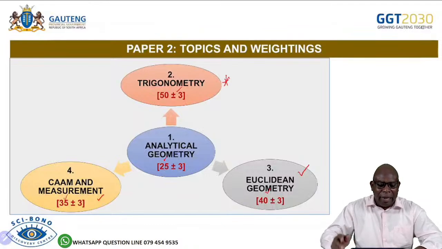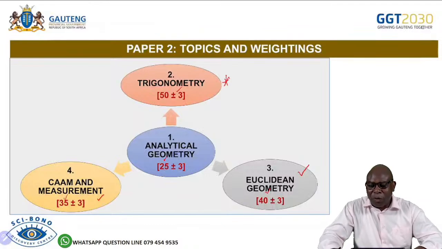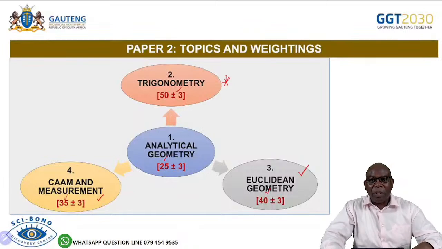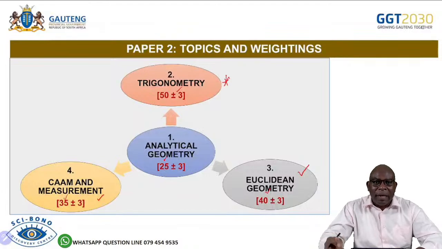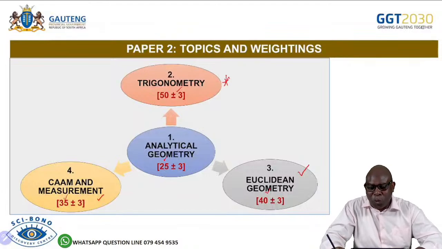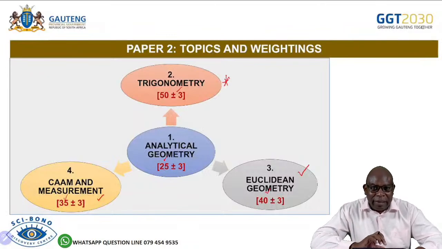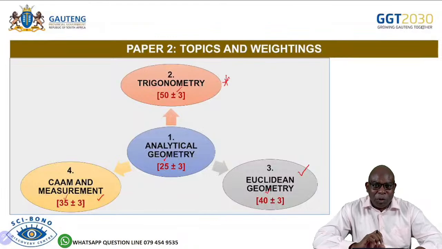Right. Now, very important. What we're going to look at now is the information sheet. This is what we call the formula sheet. We call it the information sheet. Now, when you are writing your paper 2, please identify the formula that we're going to be using in paper 2.